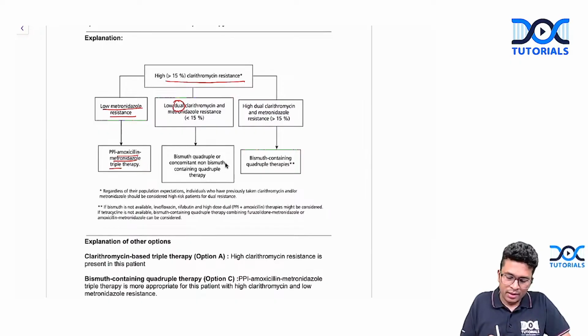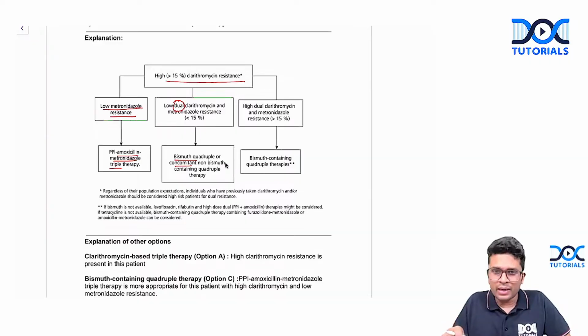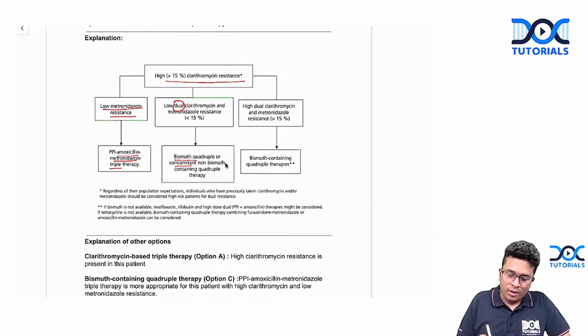You can try triple therapy, concomitant therapy, or bismuth quadruple therapy. If clarithromycin resistance is high and metronidazole resistance is also high, then your only option is bismuth quadruple therapy.